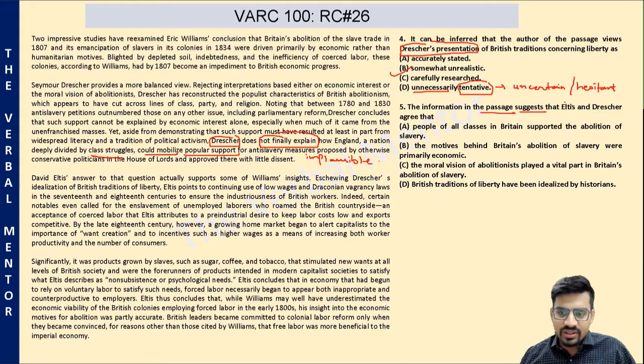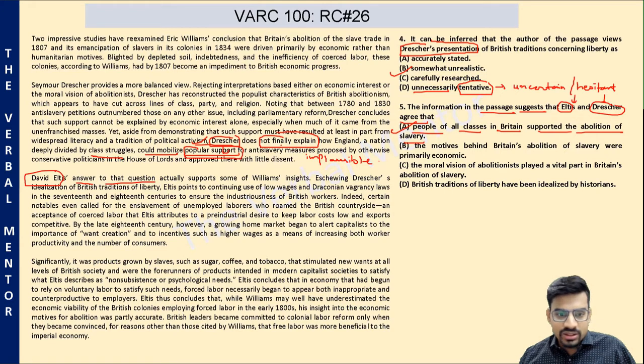Information in the passage suggests that Eltis and Drescher agree that both of them, the second and third researchers, agree that people of all classes in Britain supported the abolition of slavery. Do they agree that people of all classes supported? Yes. How? Drescher clearly says that popular support was the reason behind abolishment of slavery. So there's no doubt about Drescher's point of view. But David Eltis answers that question. Which question? How?